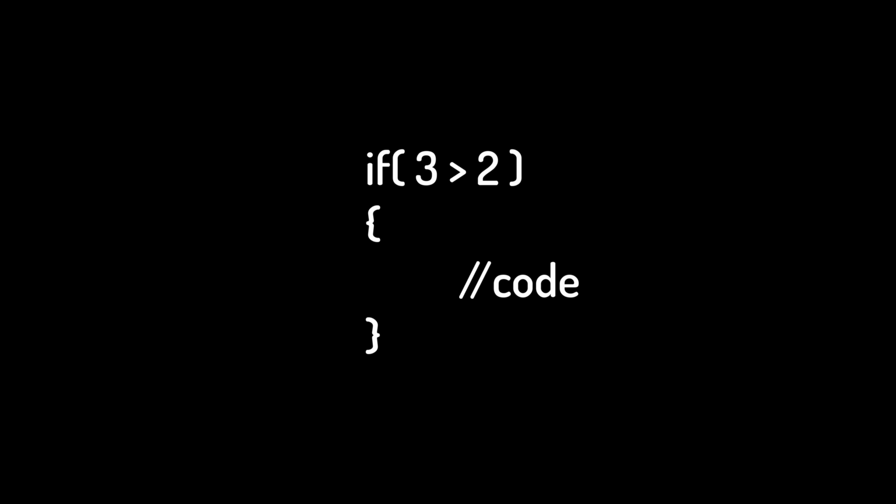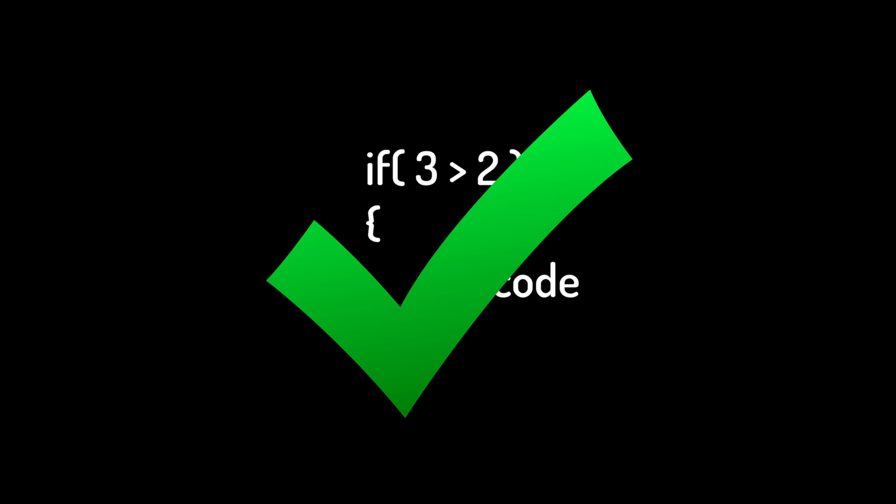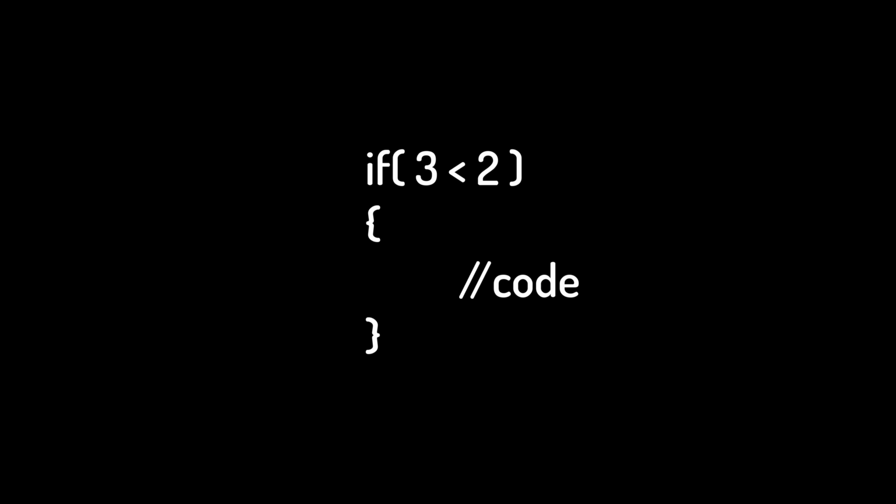For example, if 3 is bigger than 2, this is always going to be true, so this code is always going to be executed. Now, if I type 3 is less than 2, this is false, so this code is never gonna execute. Here are some new operators for you. When you want to say equal to something, we usually use this.